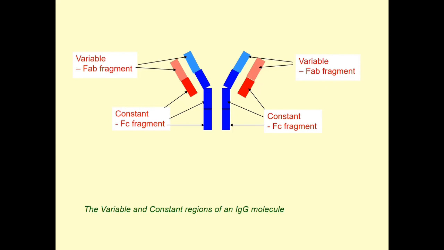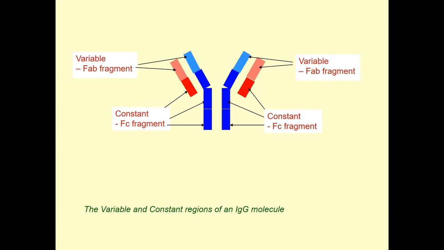It has a unique structure which binds, complementarily, to a specific antigen. So it's the amino acid sequences in the Fab fragment or the Fab region which are different from one antibody to another, and this is why they're referred to as the variable regions.